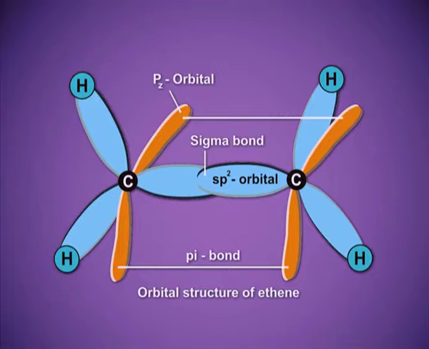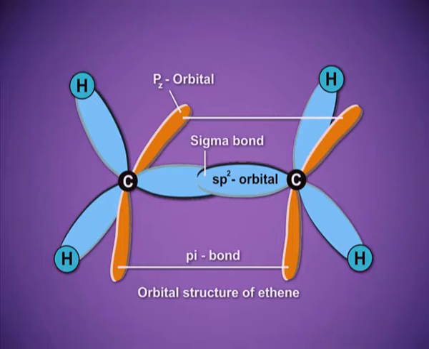And then you can also see the two sp2 hybrid orbitals of each carbon making bonds with the 1s orbital of the hydrogen. The unhybridized p orbital is shown by the yellow lobes.